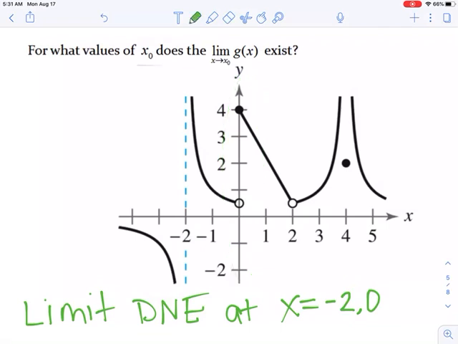And then the last one is x equals 4, where we have unbounded behavior, and so the limit is going to fail to exist. We do indeed have a limit as x approaches 2. From the right side and the left side, we are approaching that hole, and so we could describe that limit.